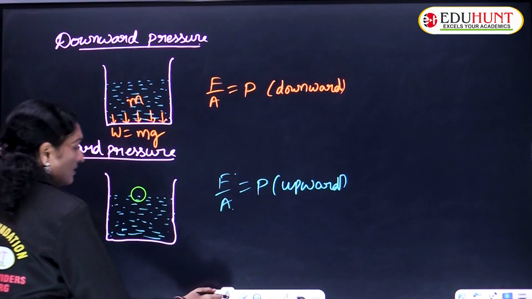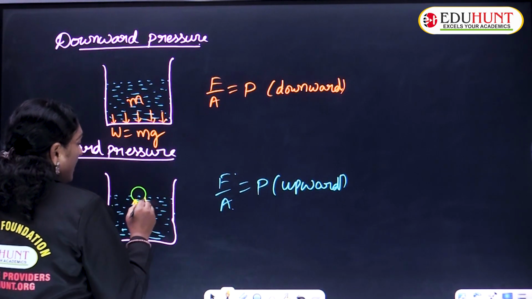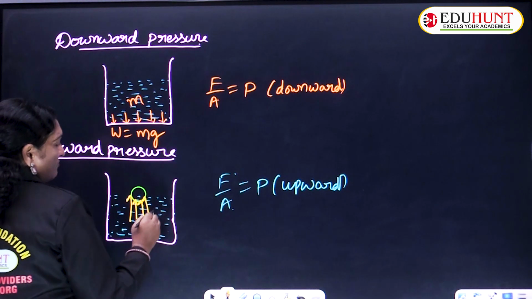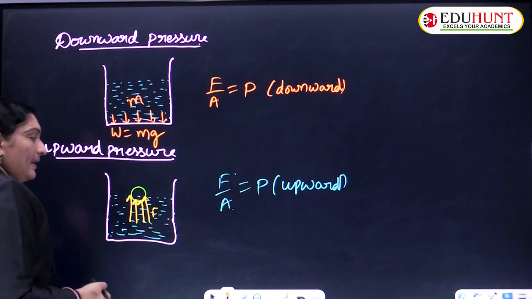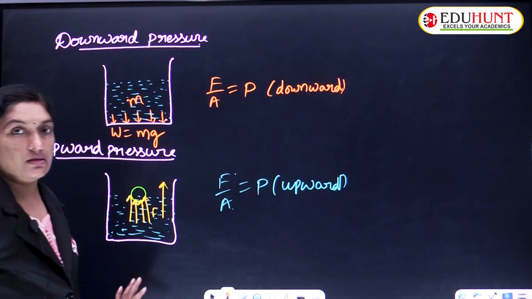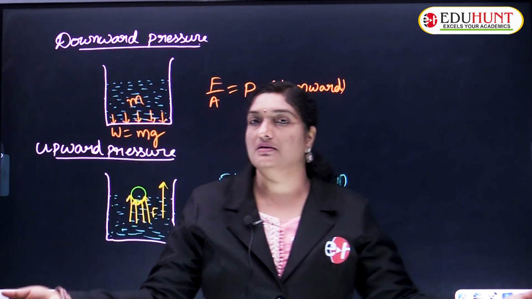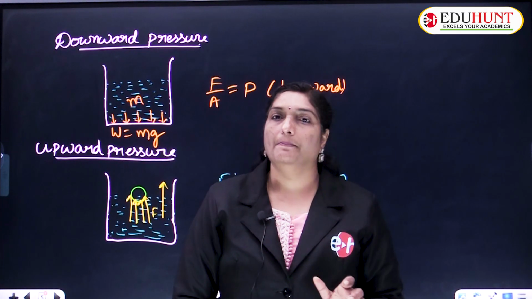So, this water exerts some amount of force on the ball in the upward direction. So, force is acting on this particular area. As a result, the ball moves upwards. So, this upward force acting on that particular area of cross section is called an upward pressure.